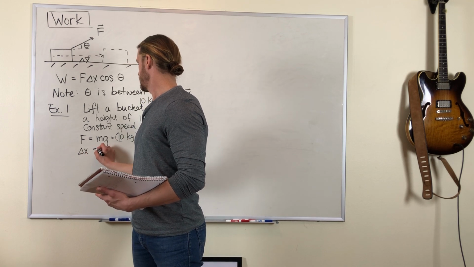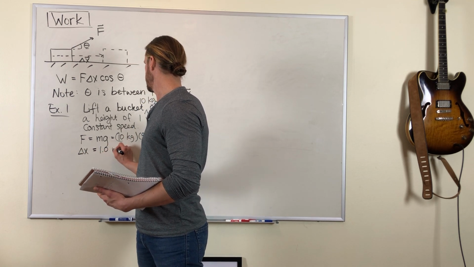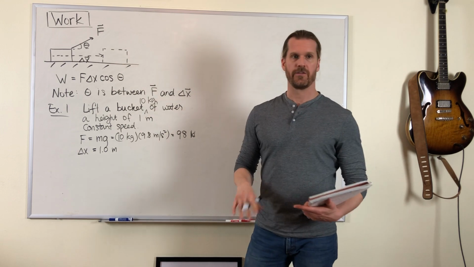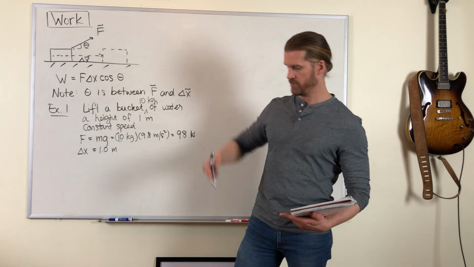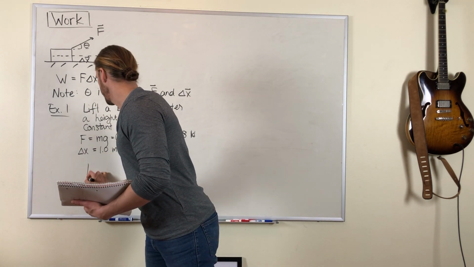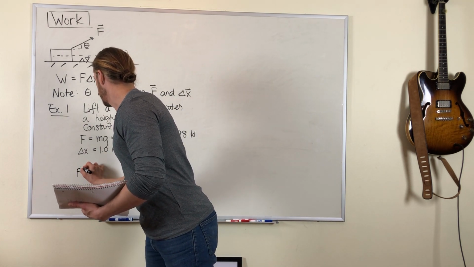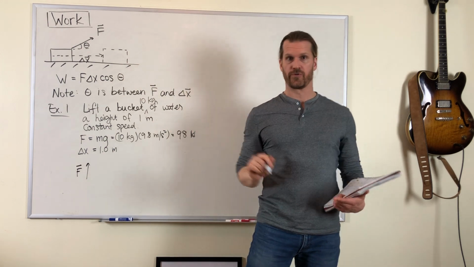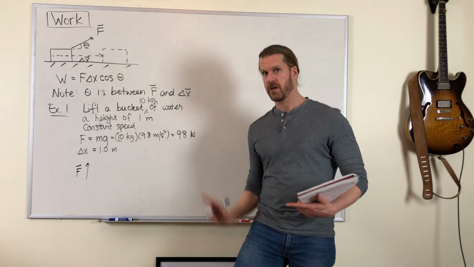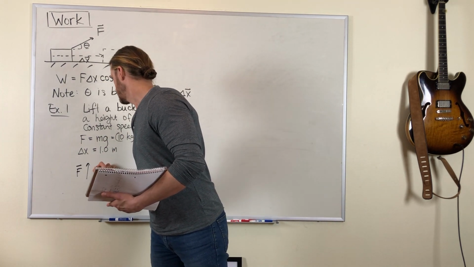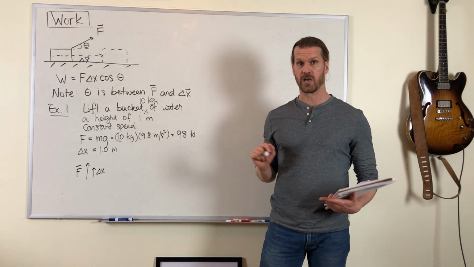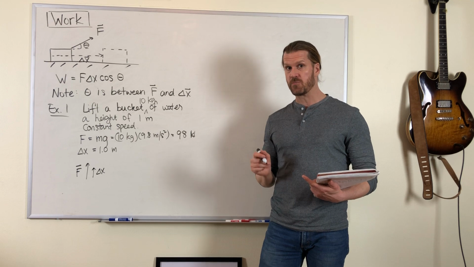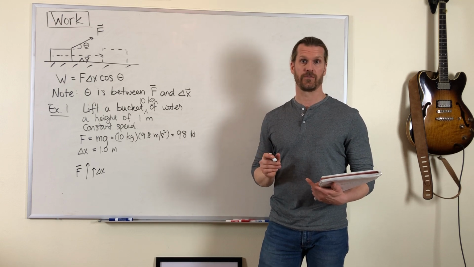is 1 meter. And if you think about the situation where you're pulling the bucket upward, that means that you're applying a force in the upward direction on that bucket, and the displacement of the bucket, because it's moving up, is in the same direction as that force.